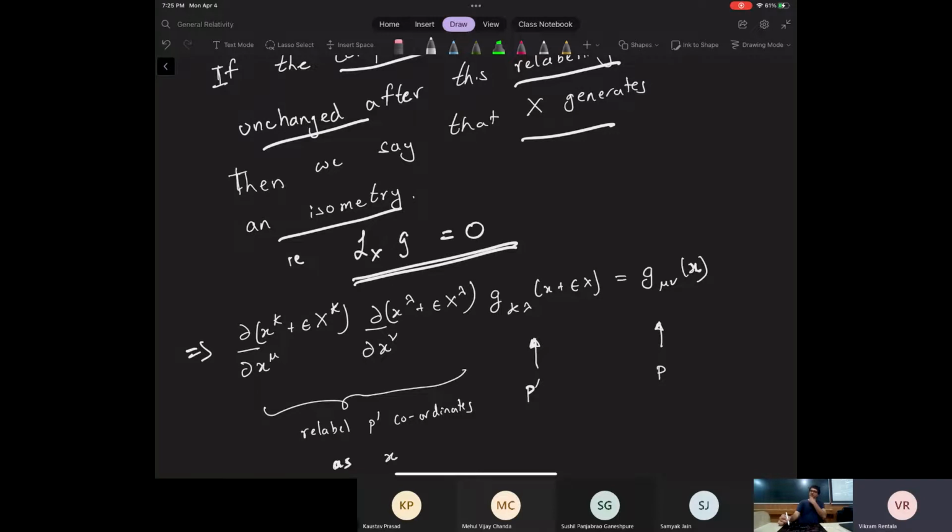So let's write it down in components. This is the original metric at the point P, it's g_μν(x). Now what we do is we take the metric at the point P prime, which has components g_κλ(x + εX).